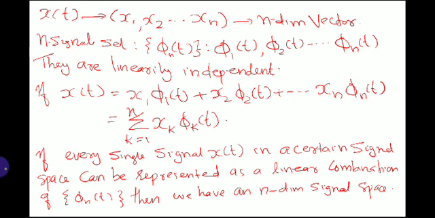So if every single signal x of t in a certain signal space can be represented as a linear combination of phi n of t, then we have an n-dimensional signal space. If all the signals in the signal space can be represented as a linear combination of these basis signals, then we can say that we have an n-dimensional signal space.